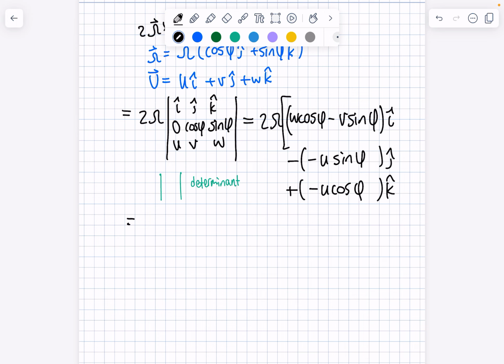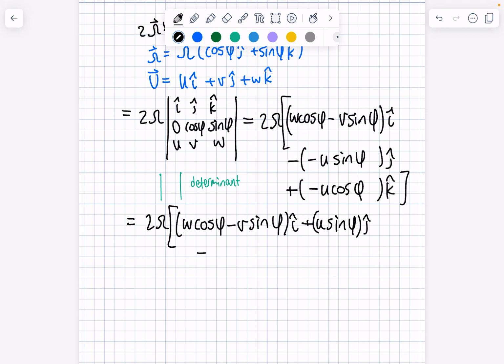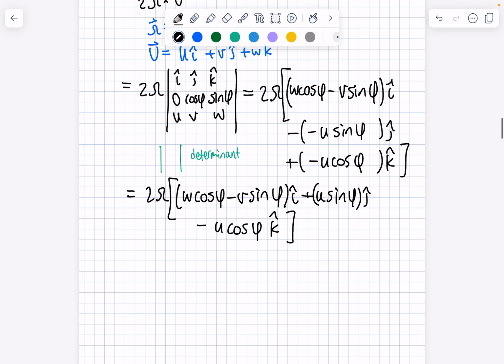And so this is equal to 2 omega, and let's close this: cosine phi minus V sine phi I plus U sine phi J minus U cosine phi K. So this will be the Coriolis force written out.